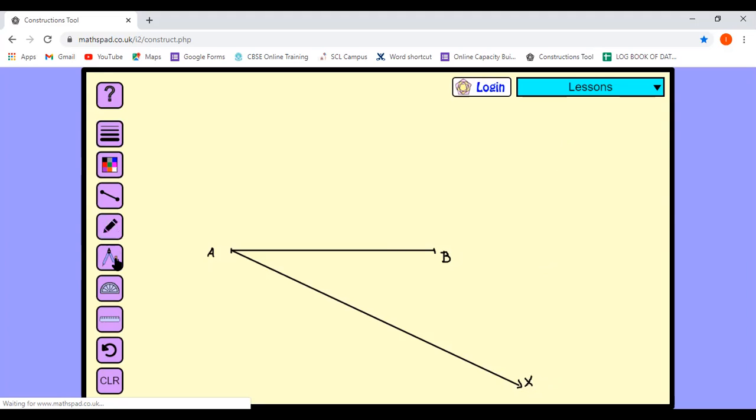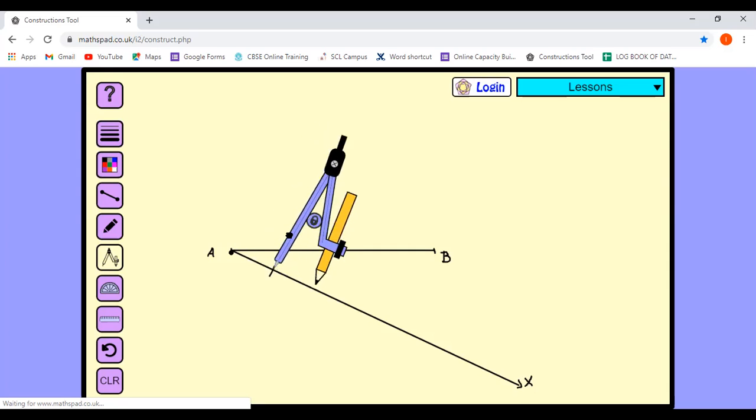So, now what we are going to do, let us take the compass. Okay, taking a suitable length along the ray AX, we are going to make 5 arcs, m plus n arcs we have to make. So, 5. So, let us make it 1.